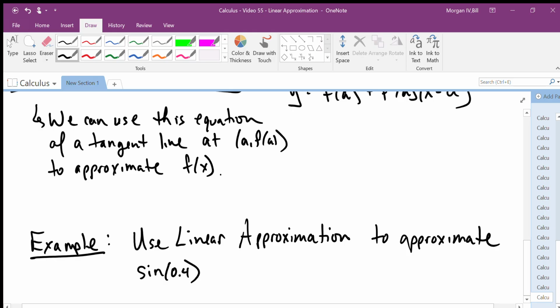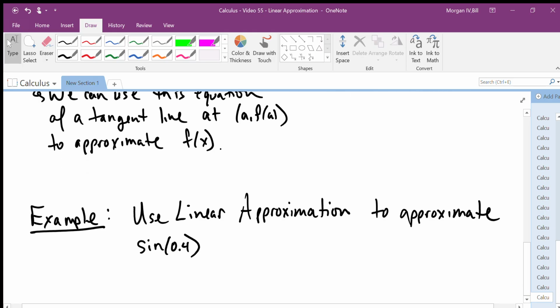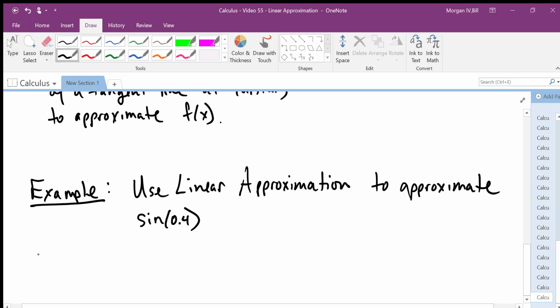We'll stop there. We'll just add in the rest of the stuff later. Use linear approximation to approximate the sine of 0.4. So we're talking about an angle of 0.4 in radians. We'd like to know what is the sine of that angle, but we're going to use linear approximation to do so. Okay, so step one.